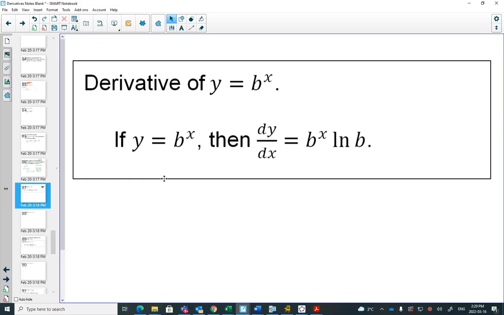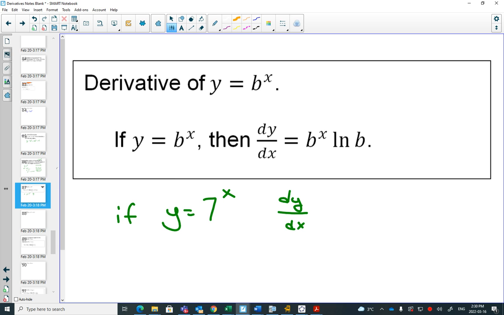So for example, using just this formula, if y equals 7 to the x, then the derivative will be 7 to the x multiplied by the natural log of 7.